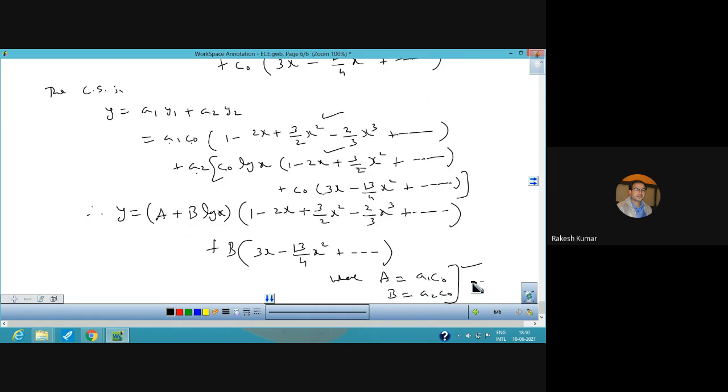So these are the new names of the constants. So this is your required solution of the given differential equation by Frobenius method. And remember, we have done the case when the roots are same and differ by an integer. So this is another important type of the procedure.